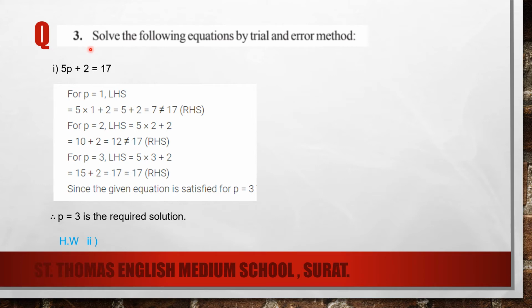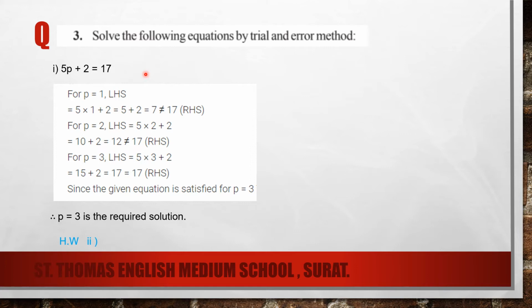Question number 3. Solve the following equations by trial and error method. What do you mean by trial and error method? In the given question, the value of the variable p is not given. So in this case, you have to assume some different values for p.